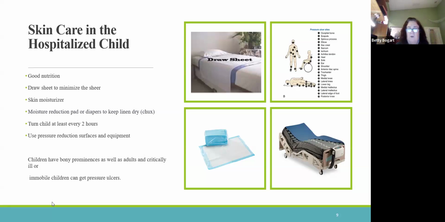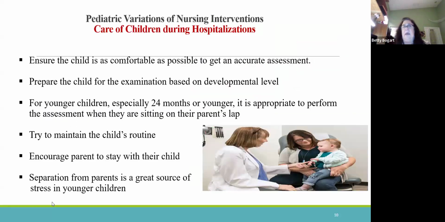I use pillows, blankets, nice soft stuff because number one, the parents go, oh, look at my baby, he looks so comfortable. But number two, that little baby sees this cute little stuffy that mommy had brought in for them. Again, all the bony prominences, we are going to massage them and keep them from getting reddened.